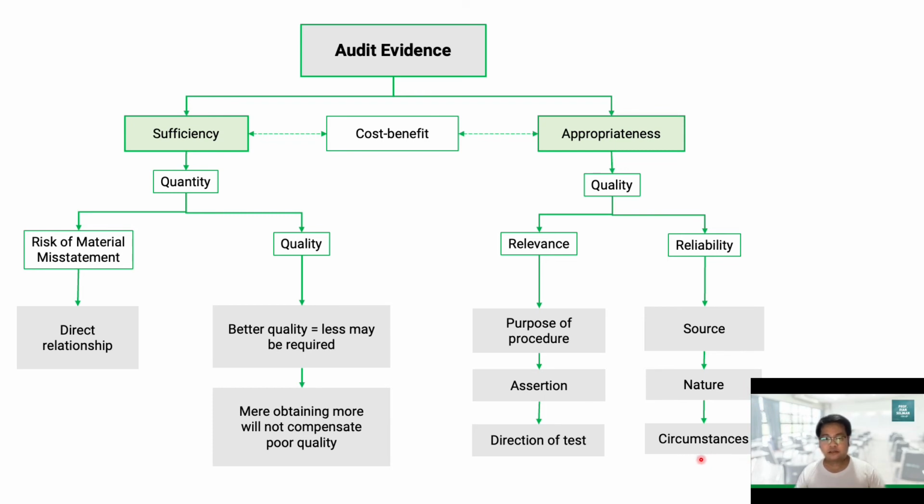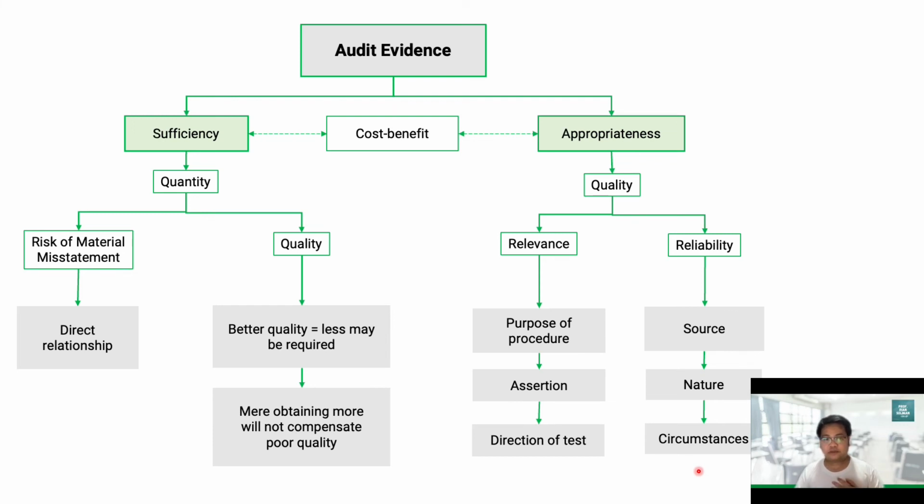And also, it will be affected by circumstances. For example, the evidence would be considered more reliable if the information was obtained directly by the auditor, rather than by inference.